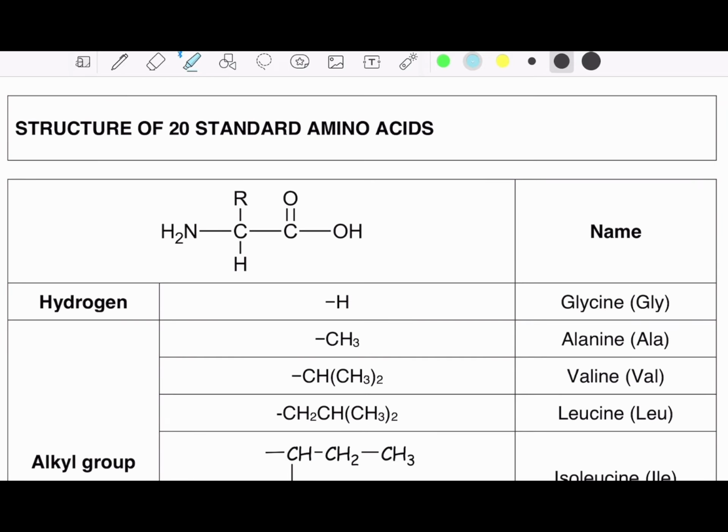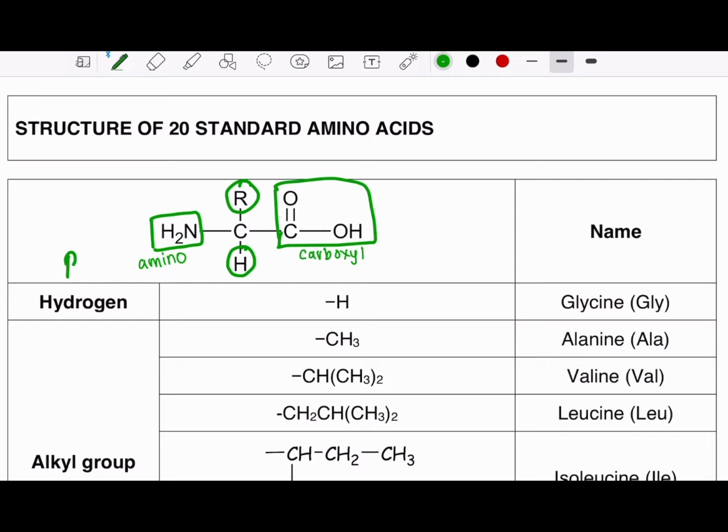From the general structure, let me see again. Like I said, this is your amino, this is your carboxyl, this is your H, and this is your R. The R could be anything.